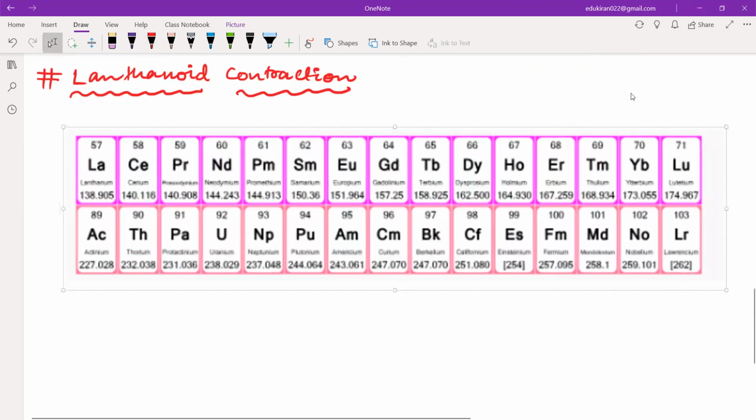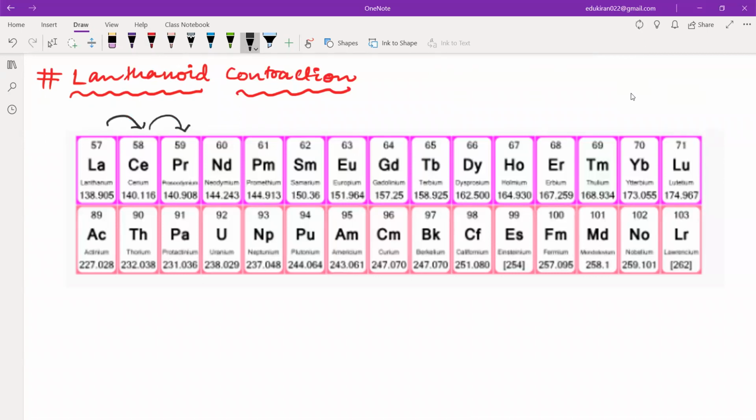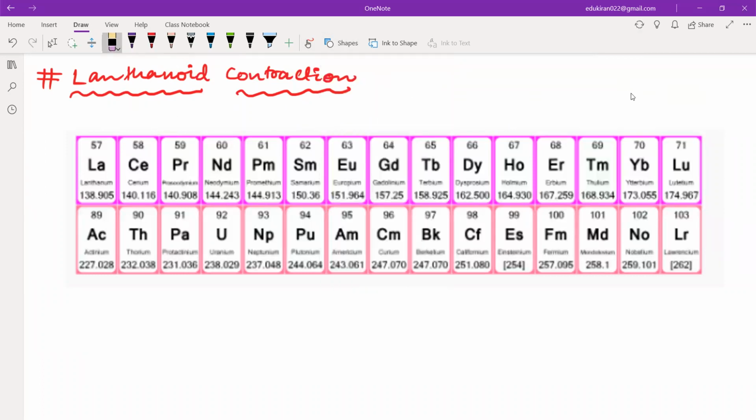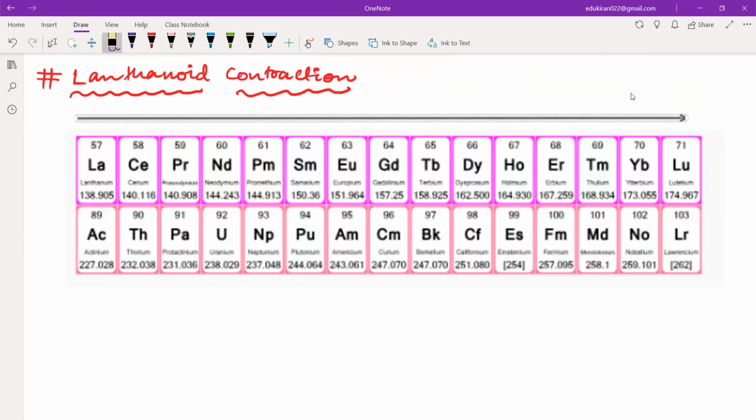Okay, so when you start from here, 57, 58, 59, what are we doing? We are adding one electron and one proton as we move rightward. Yes or no, guys? As we move this way, the proton number is increasing. And where is the electron going?